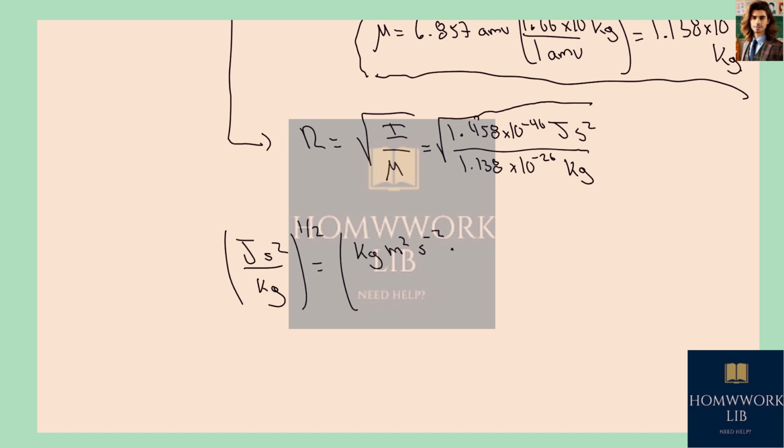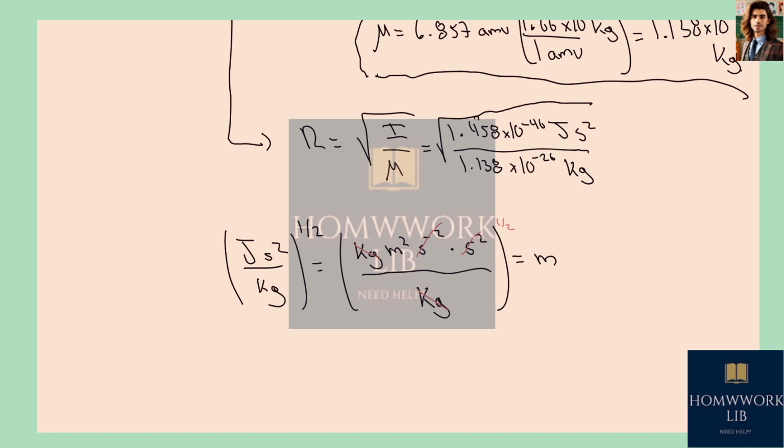This is multiplied by second squared, divided by kilograms, and everything to the 1/2. Kilogram and kilogram cancel out, second to the minus 2 cancels with second squared, and we end up with meter squared to the 1/2. So this is going to be in meters.